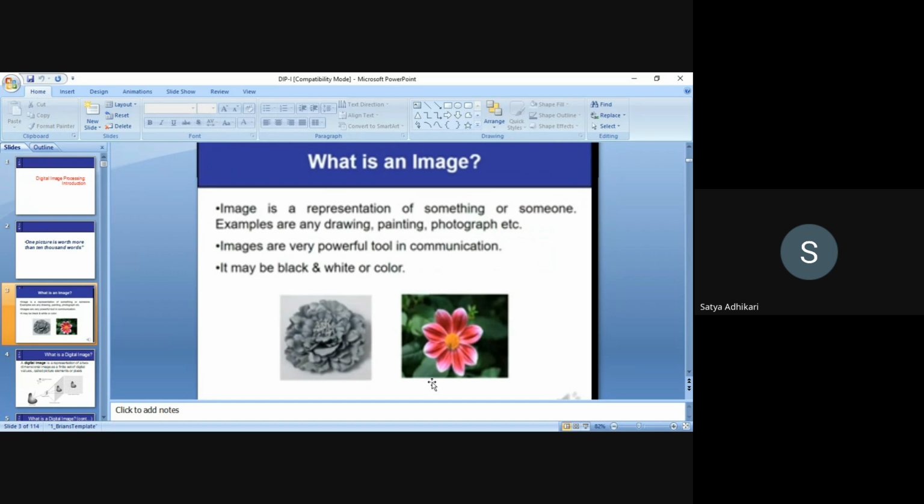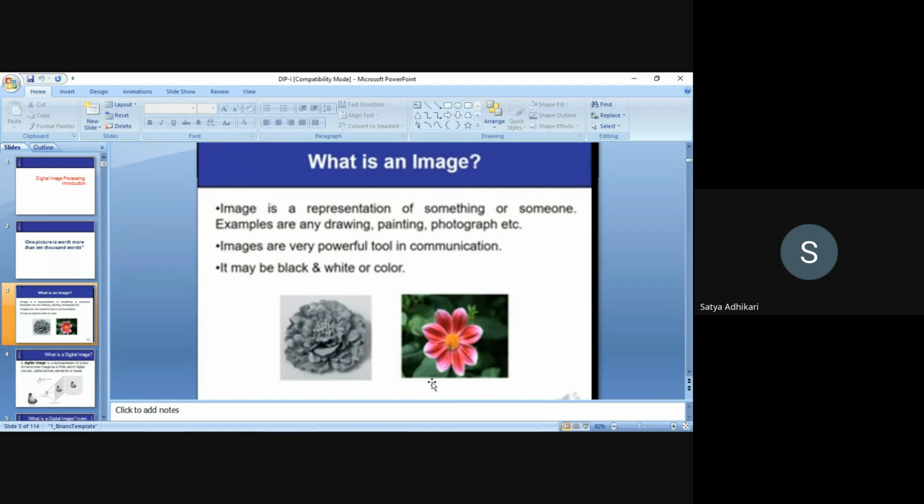Let us first discuss what an image is. What is the general definition of an image? An image is a representation of something or someone. It may be any drawing, any painting, any photograph; anything that represents something is an image. You see, there is an image in my presentation: a picture of flowers.